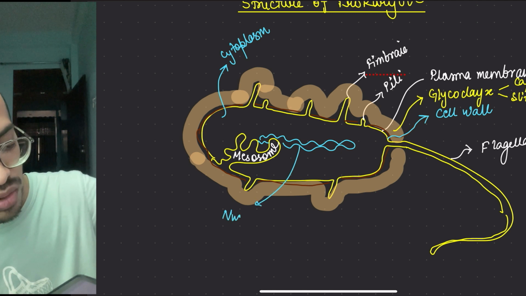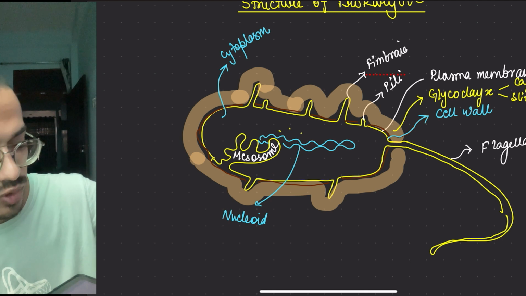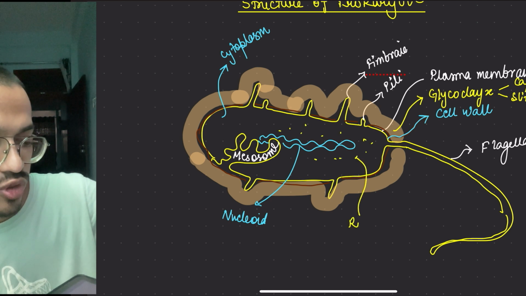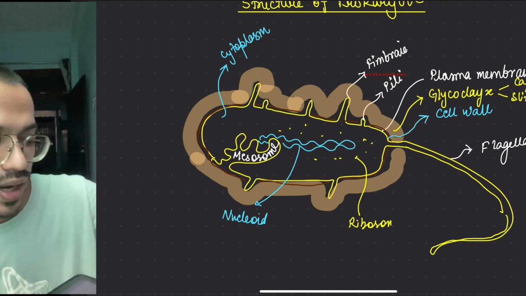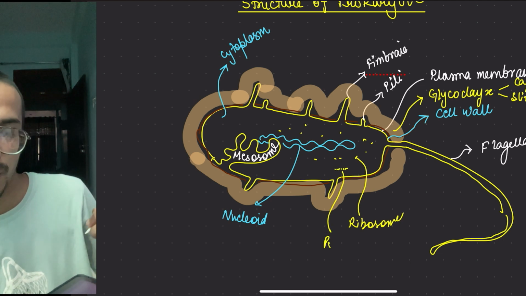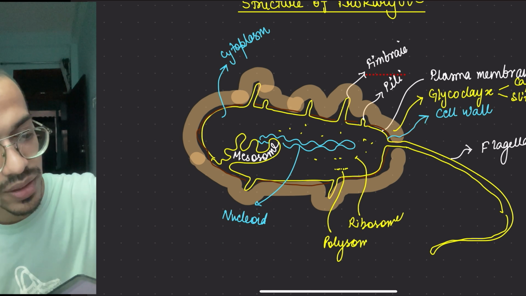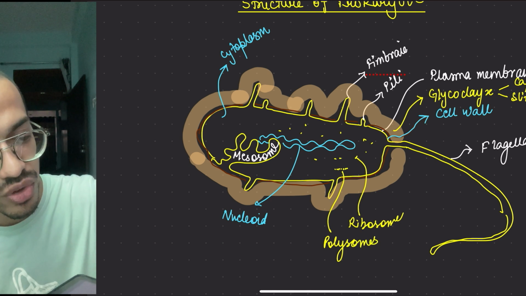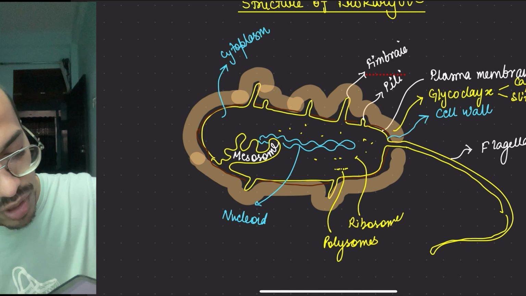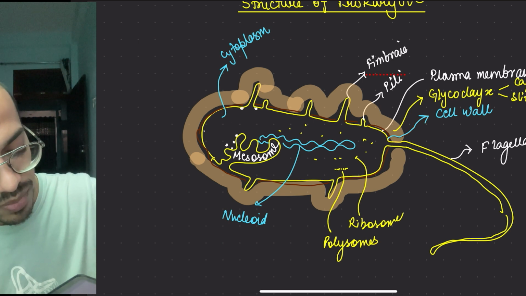There is a presence of ribosomes in it. Sometimes these ribosomes form a chain-like structure called polysomes. On this structure there might be respiratory granules, because respiratory granules are associated with the plasma membrane.